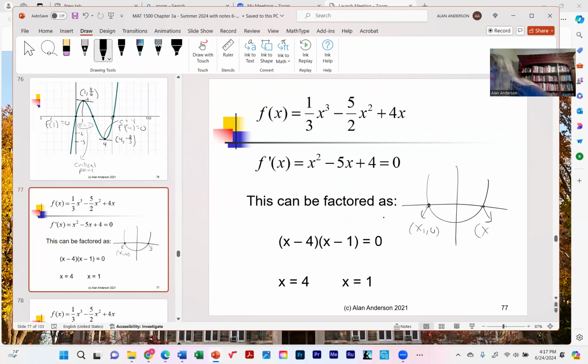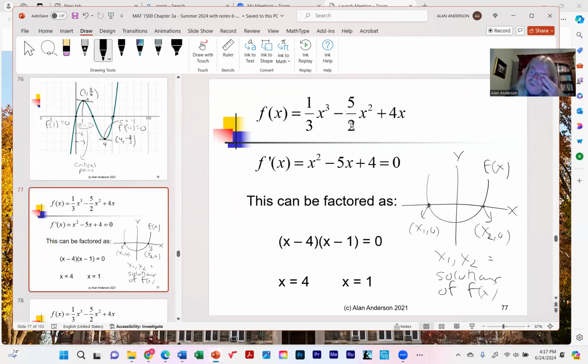And these 2 points, x1 and x2, are known as the solutions of f of x, but that simply means that that's where the function equals 0. Now here, we're not actually solving for where the function equals 0, but instead where the derivative equals 0. But it's the same idea.